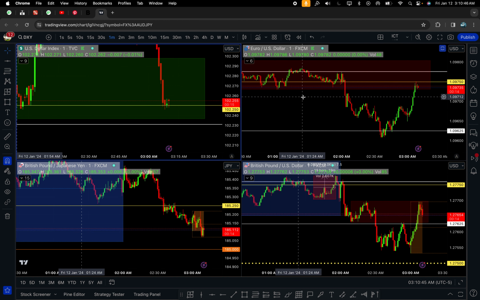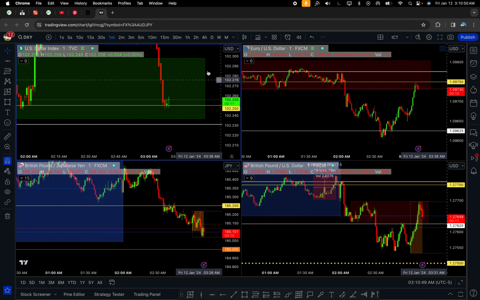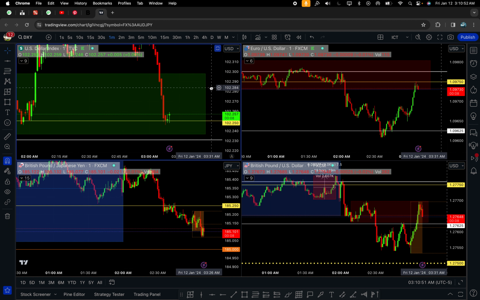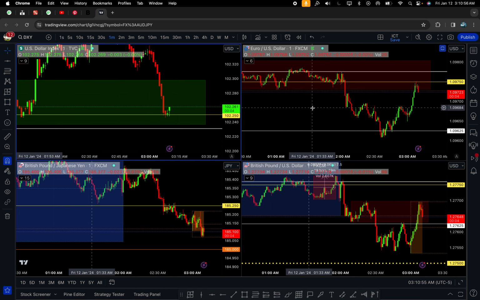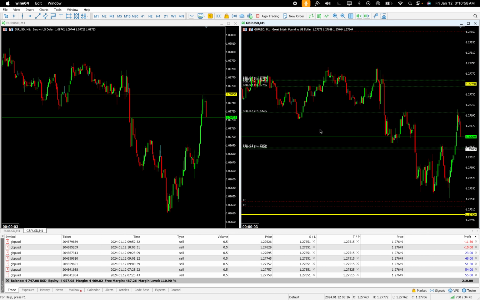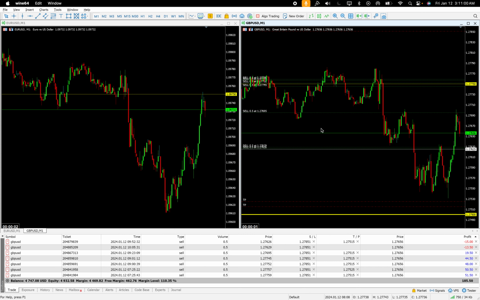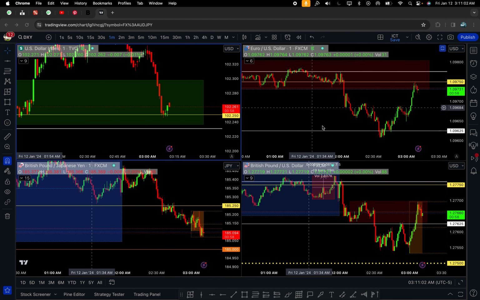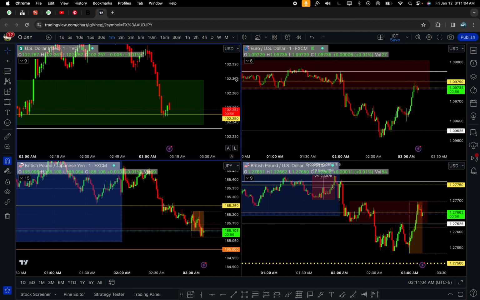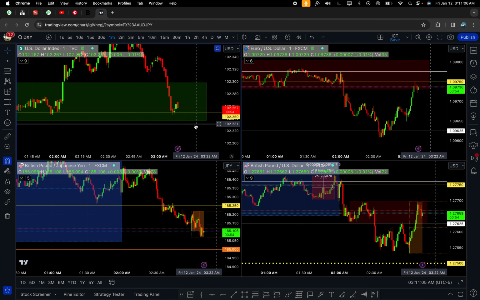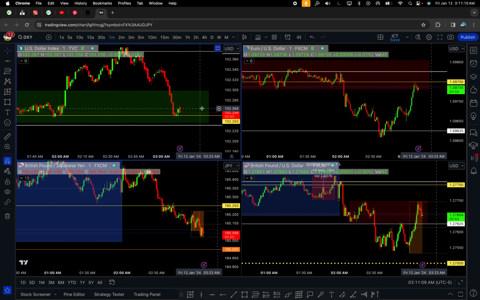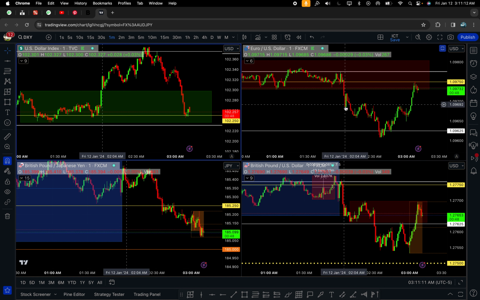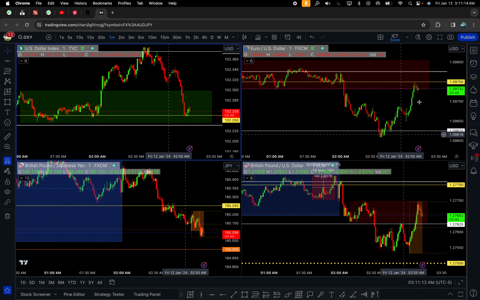Looks like the euro is lagging behind the pound. I'm not saying the pound is going down, I'm just saying there's a difference in the movement.